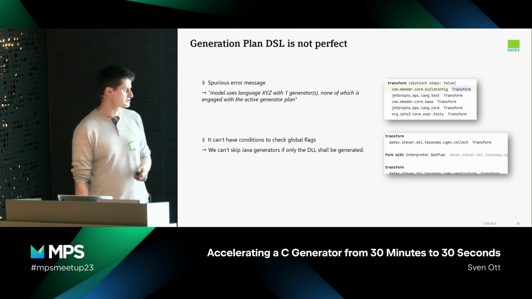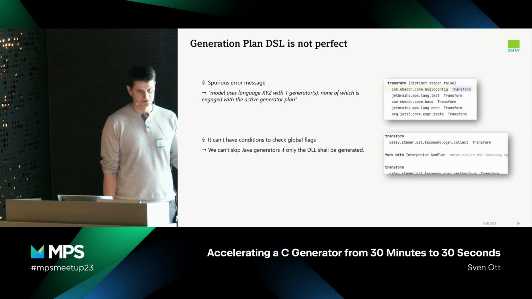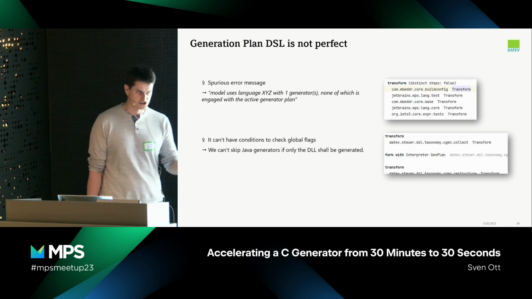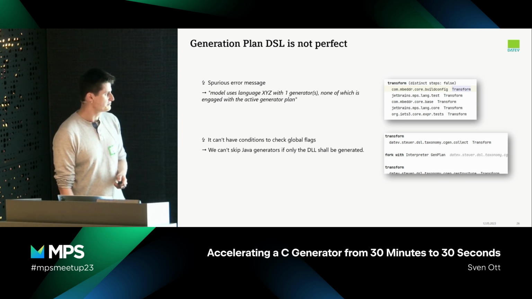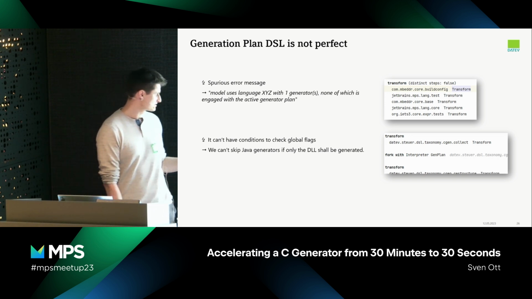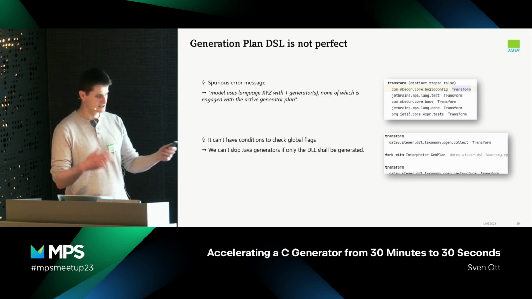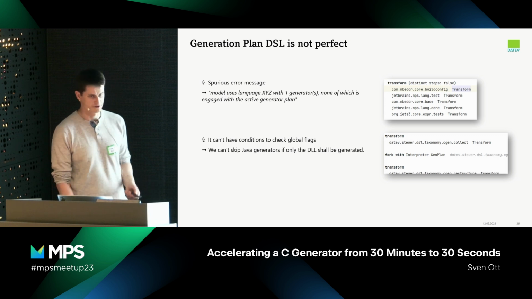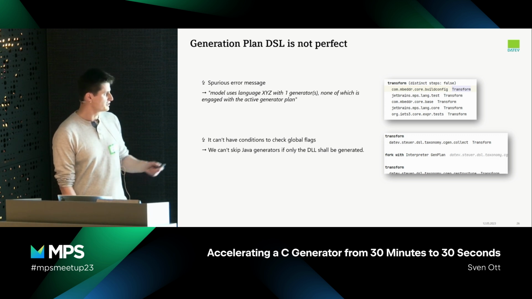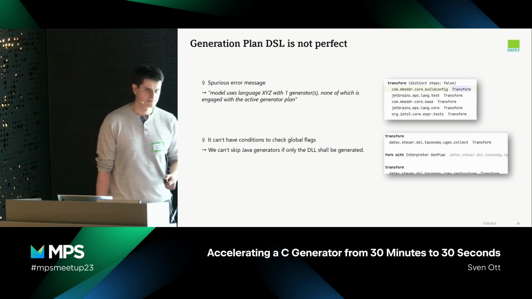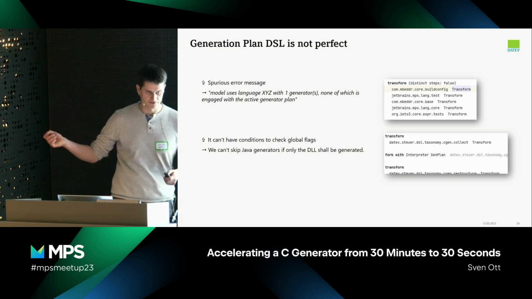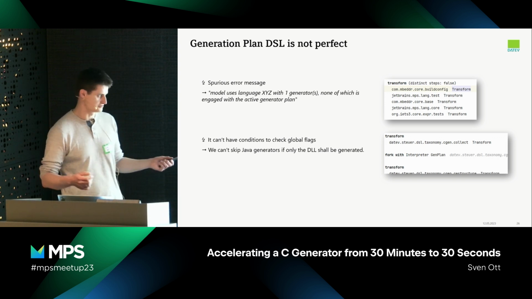And the second issue is that we don't want to execute the Java generators every time. So the first step, we had to fork to our interpreter gen plan. But as I said, generating Java files took around 90 seconds. So we wanted to have some checking conditions, checking global flags, if the Java generator shall be executed or not.